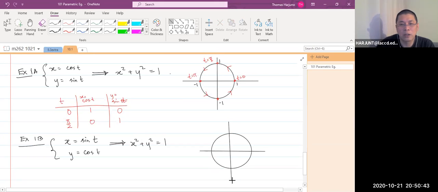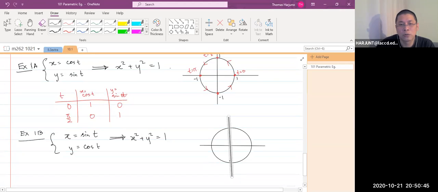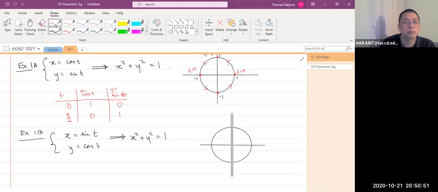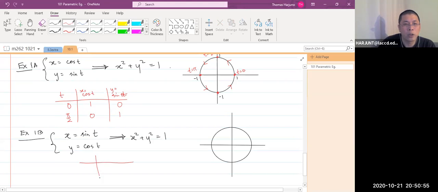For example, when t equals 0, the y is 1, but the x is 0. So when t equals 0, it's here.